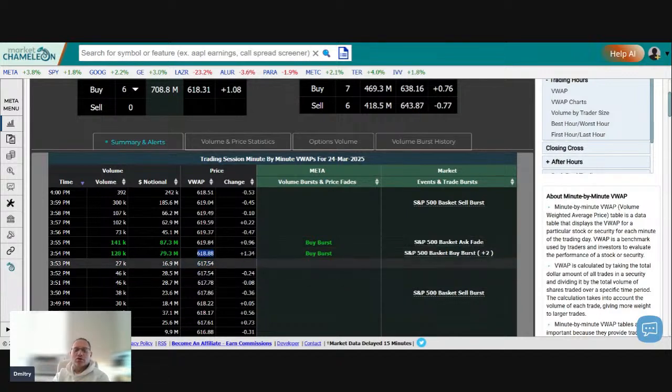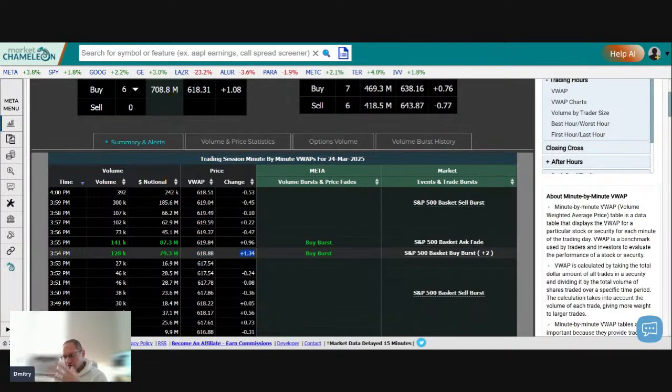At 3:54, it was $618.88. That's the VWAP price, so that was up $1.34. If we combine the volume and price action, a large volume burst on an uptick, we just call that a buy burst, to make it simple.